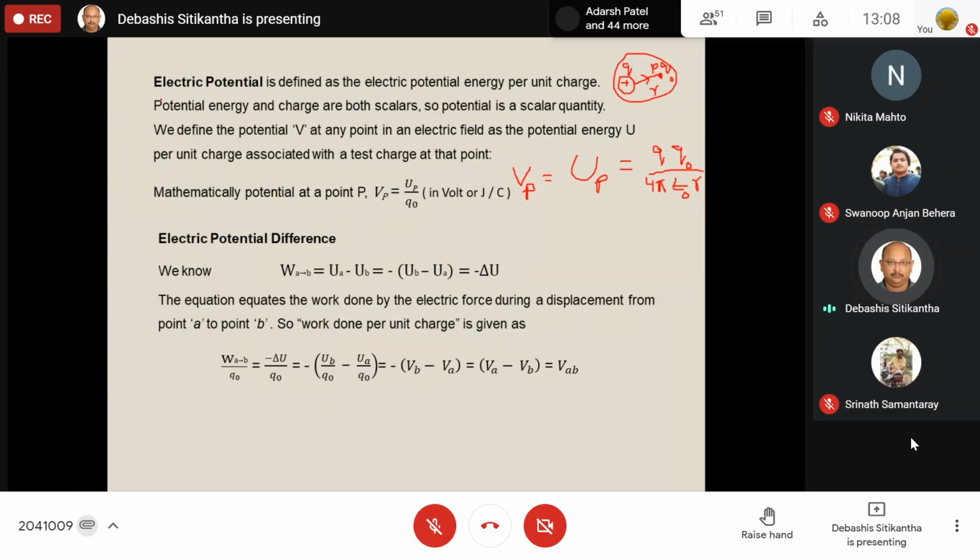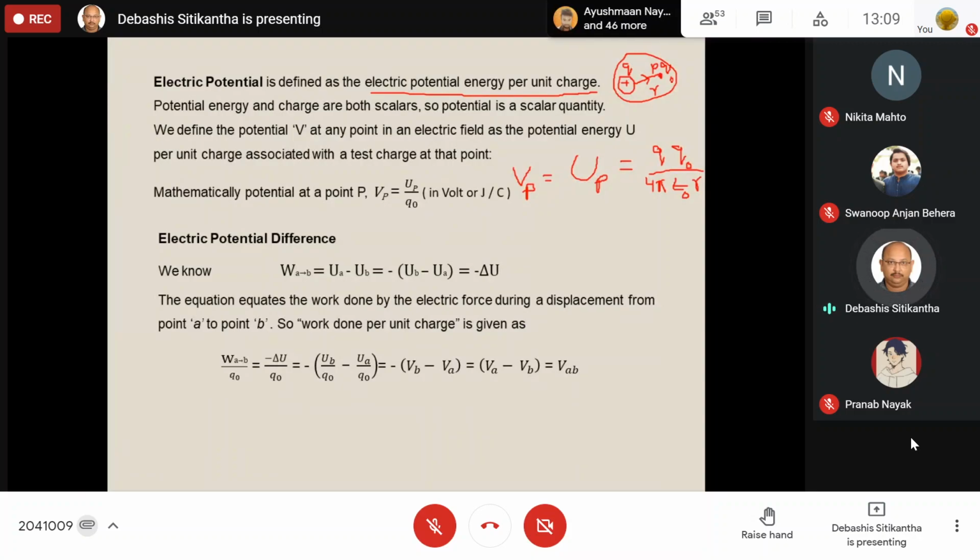Now, as I told you from the definition, it is defined as the electric potential energy per unit charge. So which one is the unit charge? Should I divide it by Q? No, we should divide it by Q0, the one where we want to find the electric potential, because this Q0 is a test charge, and I have already told you many a times that this test charge is not going to play any role in the expression.